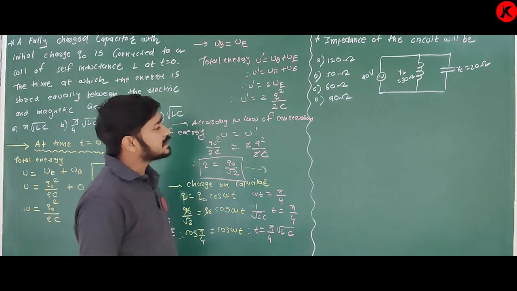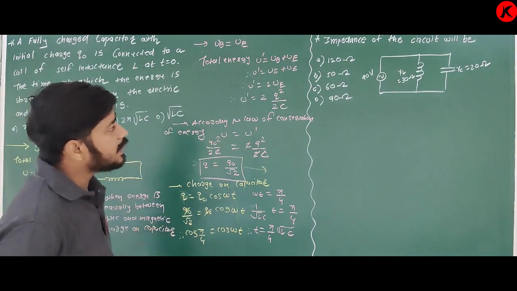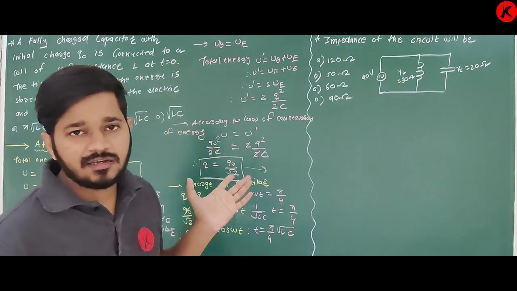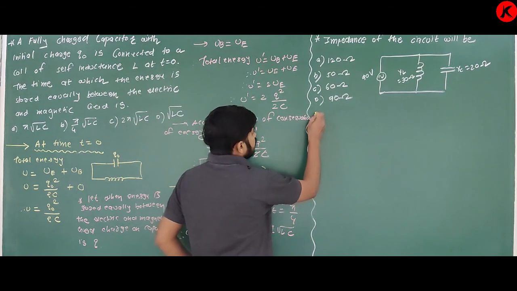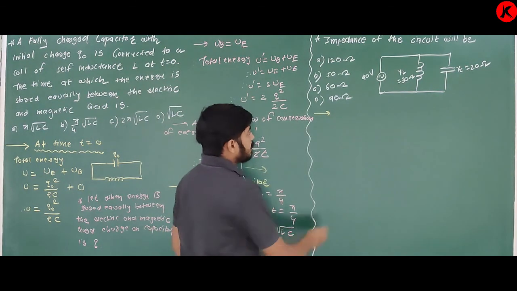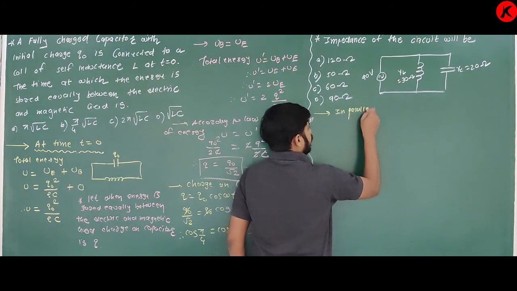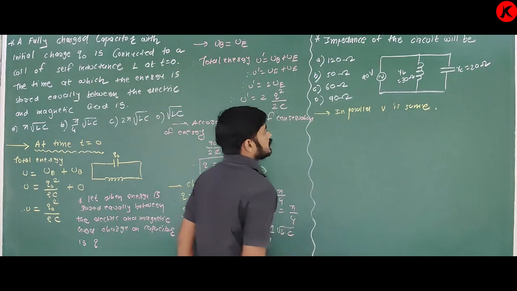There are two methods. First, you can solve this question with the help of the phasor method, by drawing a graph, and another is directly. How directly? As they are both in parallel connection, V is the same.